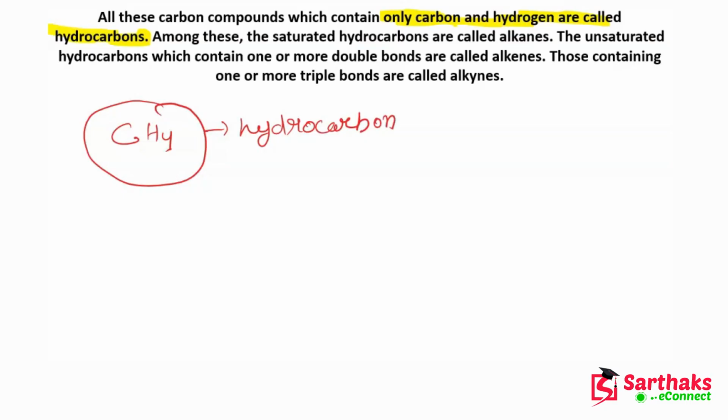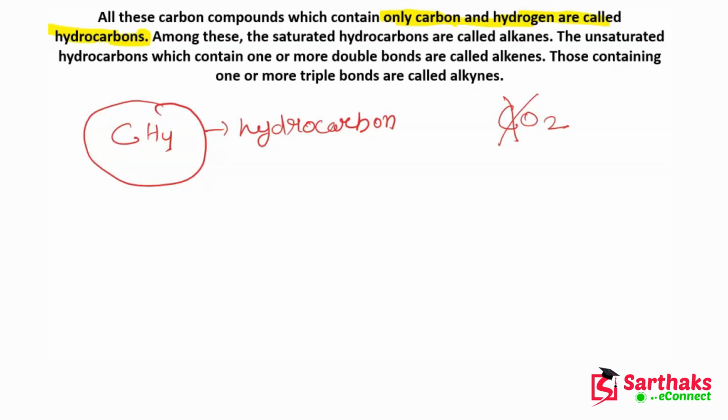Because there is only the presence of hydrogen and carbon. If I say CO2, is it a hydrocarbon? No, because with carbon there is the presence of oxygen, and no hydrogen is present.